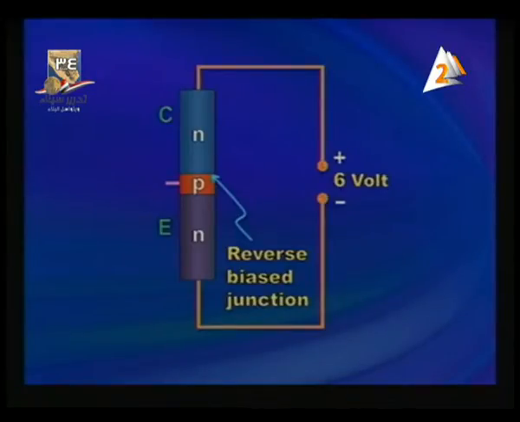So no current will flow. No current in this case will flow. Okay, no current can pass from the emitter, no electrons, since the base collector junction is reverse biased.